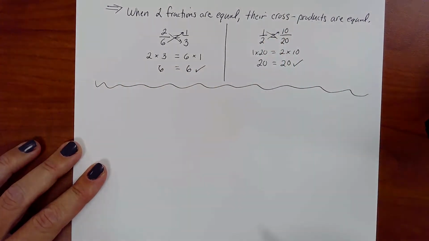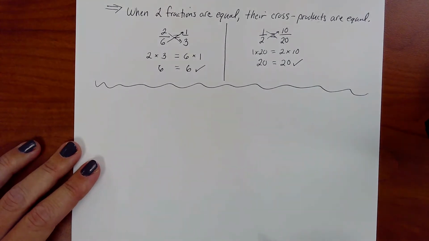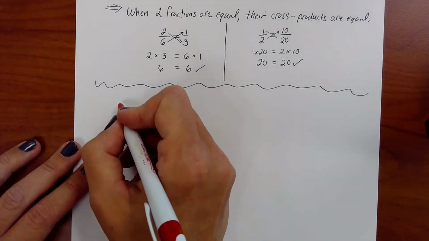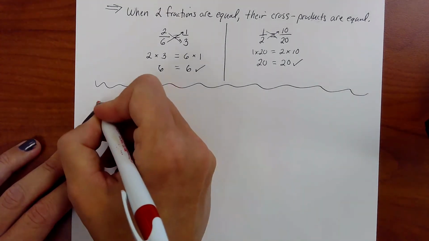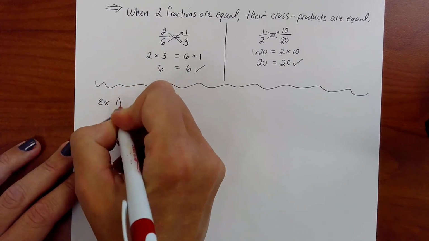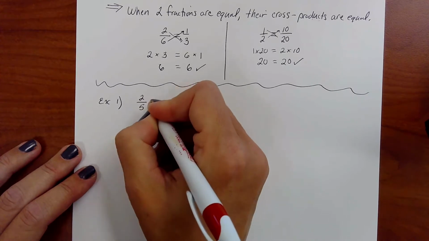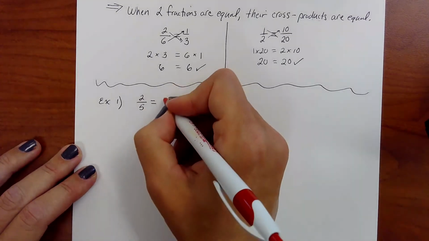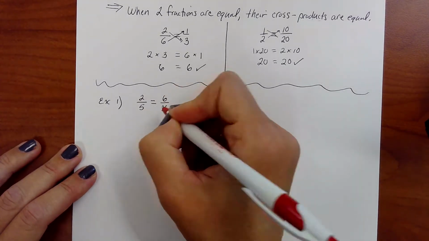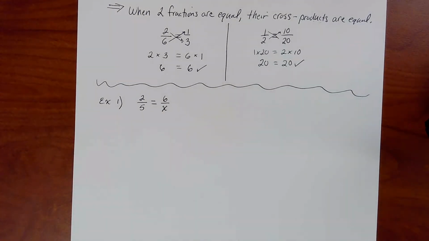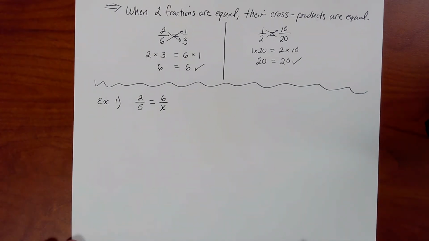We are going to use that fact to solve proportions when we don't know one of the numbers. Let's go right to an example. Example 1. Let's say you have 2 over 5 equals 6 over x. There are many ways to solve this one, but let me show you how to use the cross products.